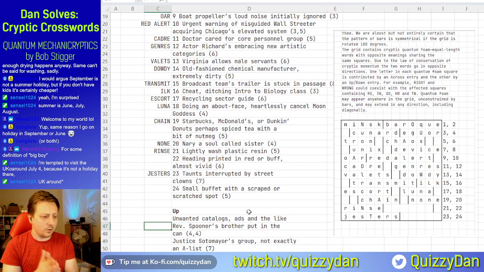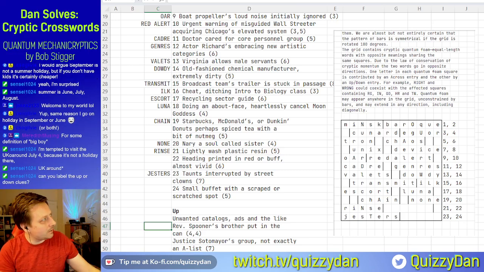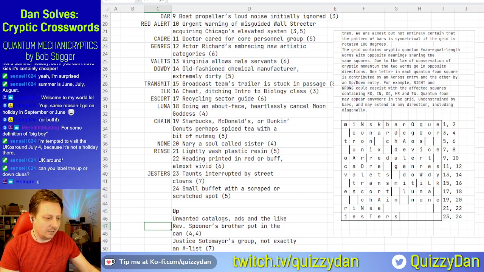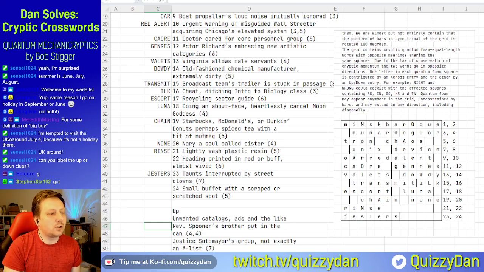Unwanted catalogues, ads and the like. Rev Spooner's brother put in the can. So is it spam mail or something like that? Spam mail, junk mail.